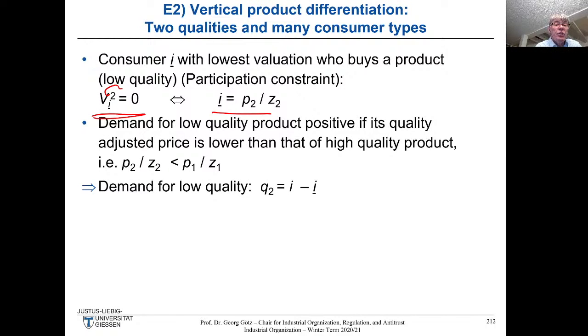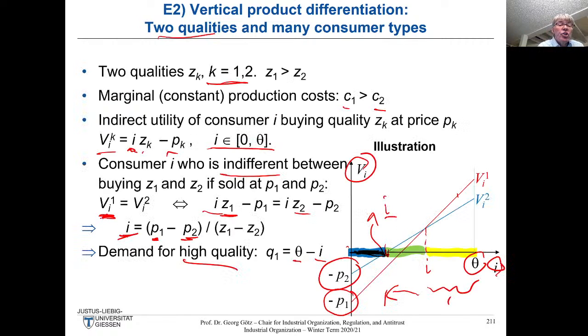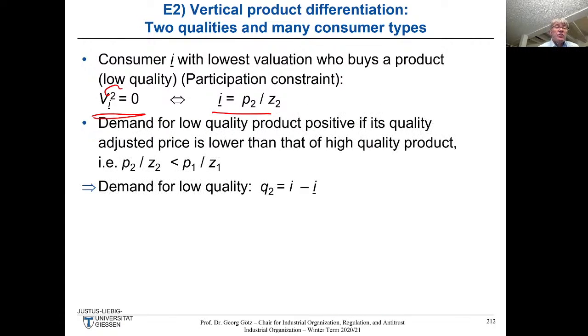Of course, here we have a condition on I lower bar, it's P2 over Z2. Here we had a condition on I, and it just holds that I lower bar is smaller than I if P2 over Z2 is smaller than P1 over Z1. Okay?